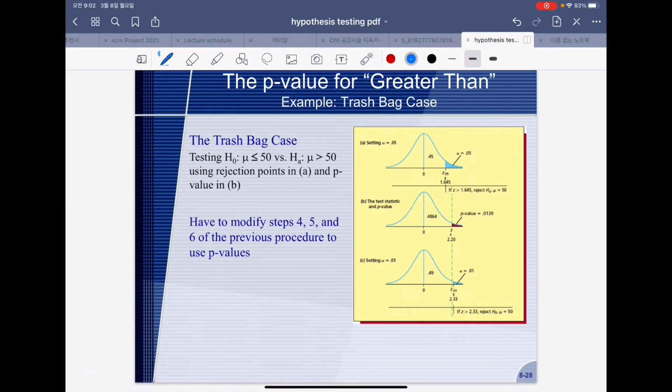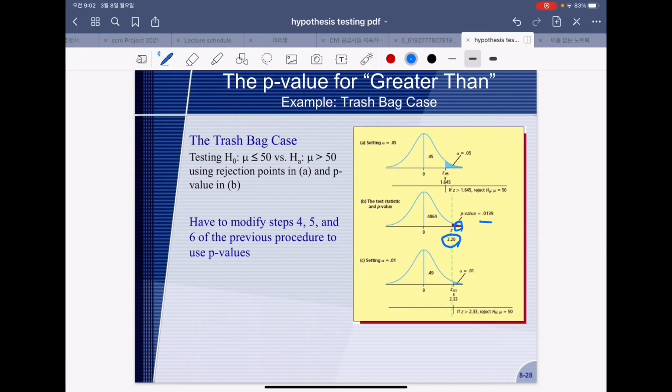If you have a test statistic value like 2.20, the computer computes the area, the red area here. This is a probability. In this case, the p-value is 0.0139.